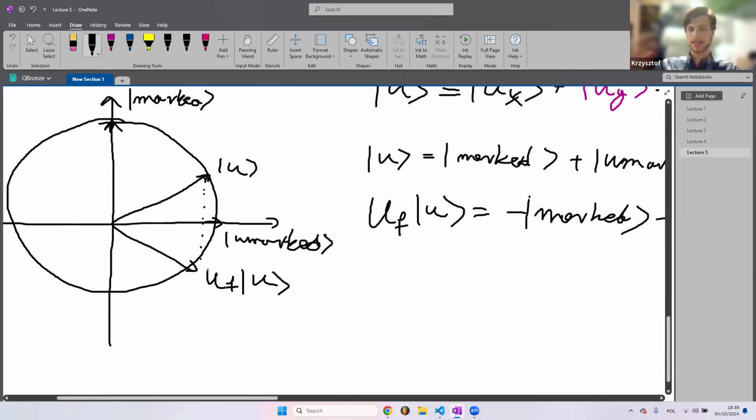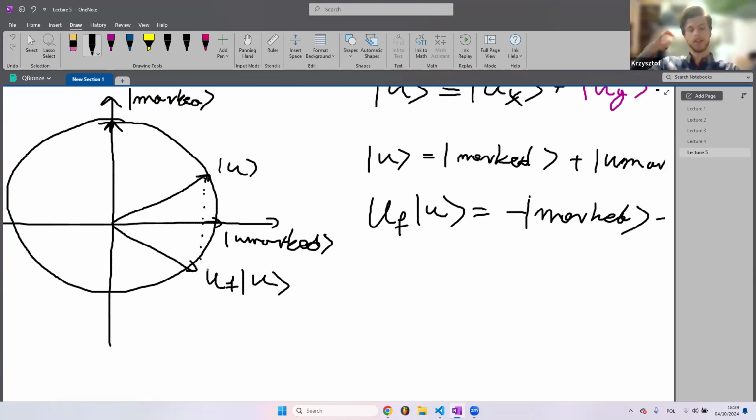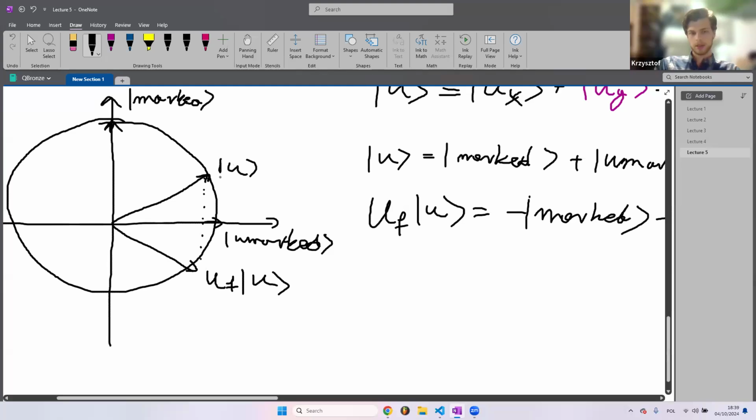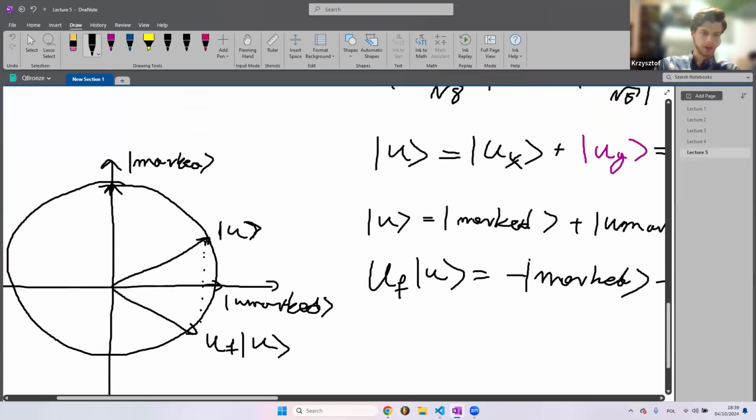And in this case, the inversion is simply the rotation about the U vector. So the resultant vector will be something like this.